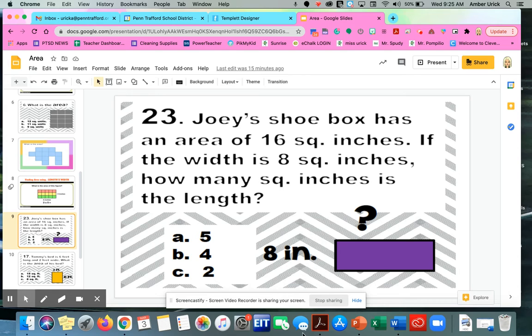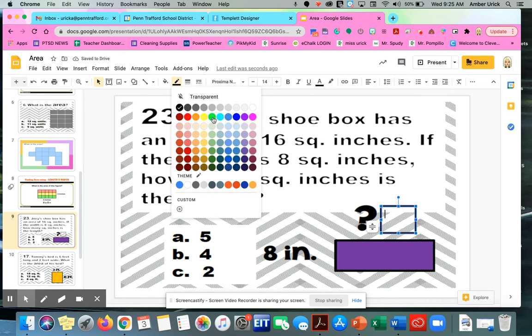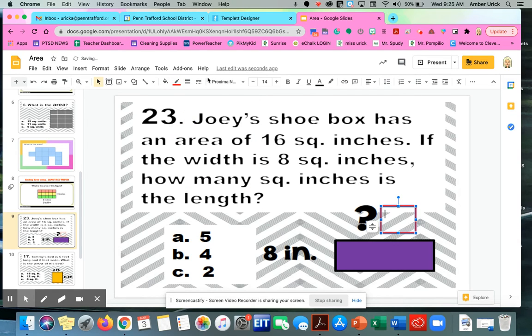It certainly does. So 8 times 2, so if I kick out the question mark and put a 2 here, let's do it. Let's put a 2 there. From social studies, we should know how to make that box stand out, shouldn't we? Let's make it red. We'll beef that up, right?